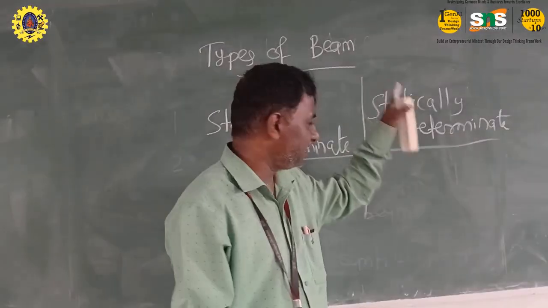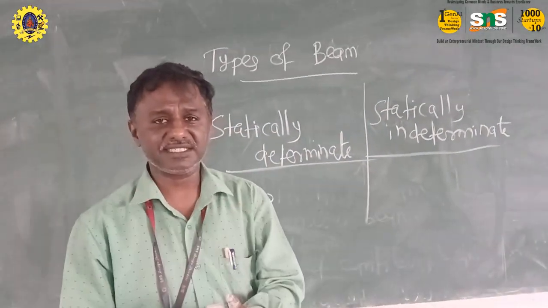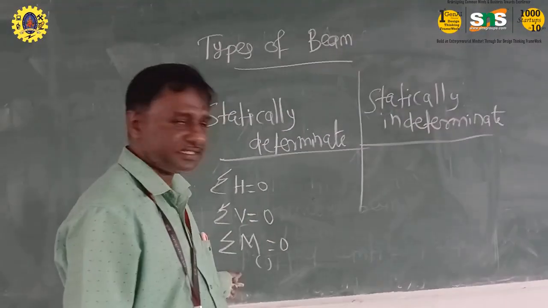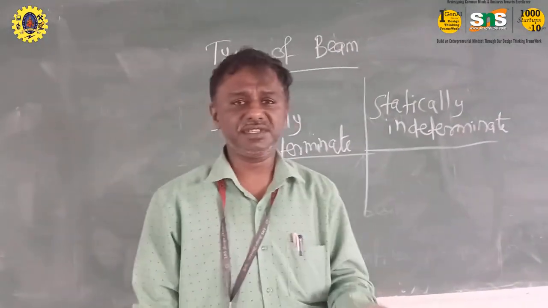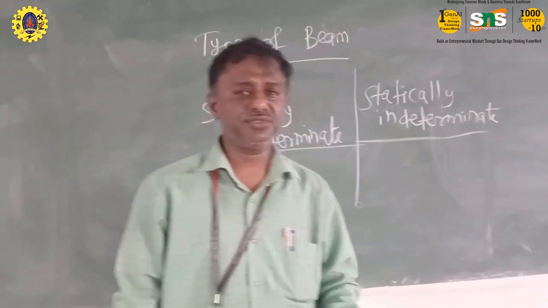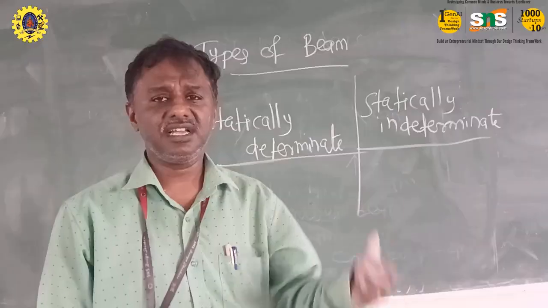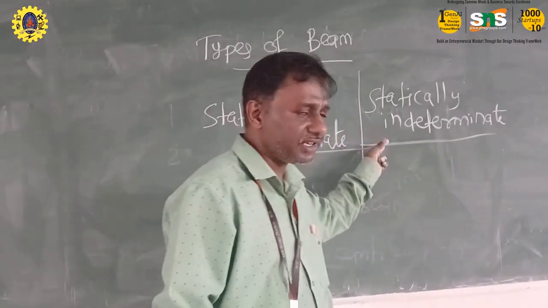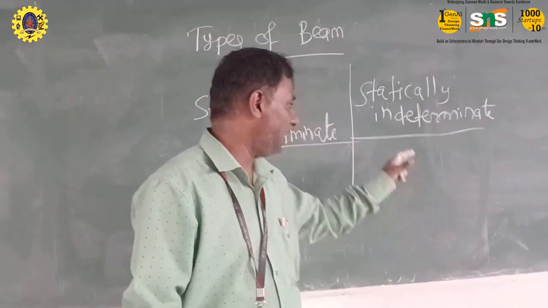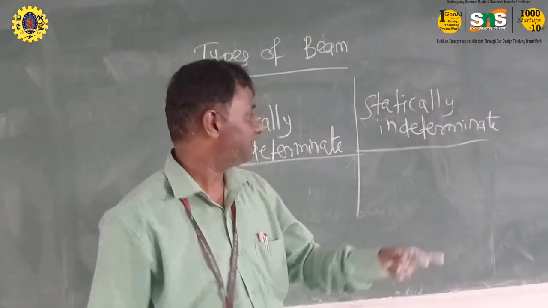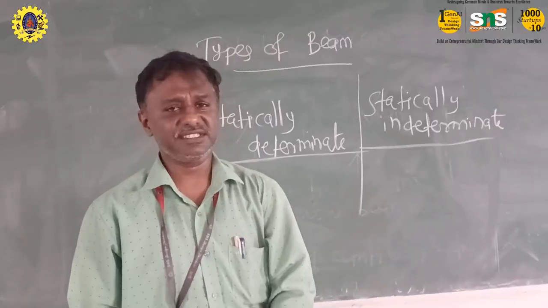But if we cannot find the support reactions using only these three equations, and we need an additional equation to find the unknown reactions, then those beams are called statically indeterminate beams.